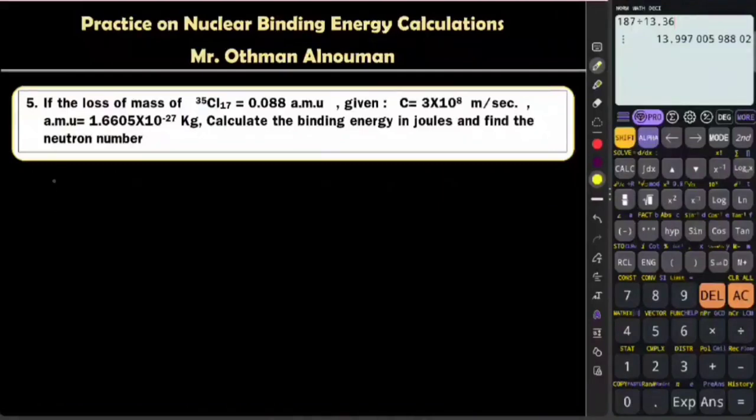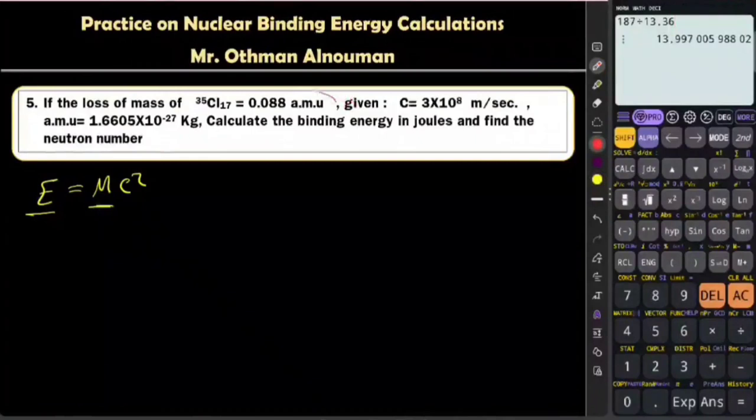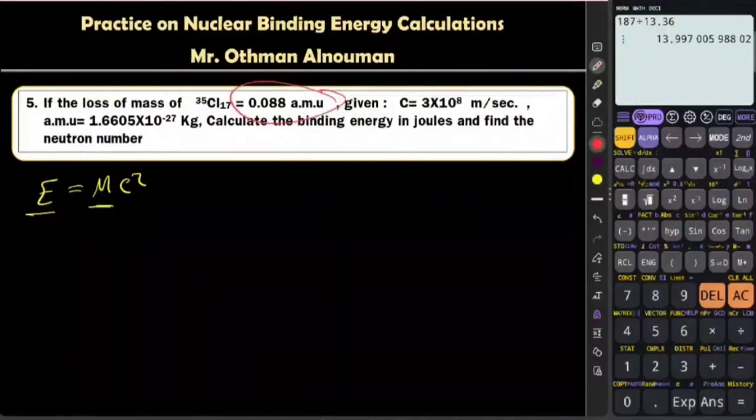We said that we have Einstein's rule, E equals mc square. Now E, energy, must be in joule, and here the mass, which is the mass defect, must be in kilogram.